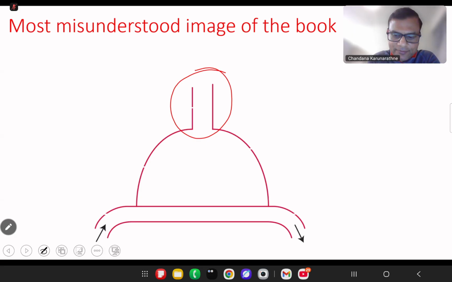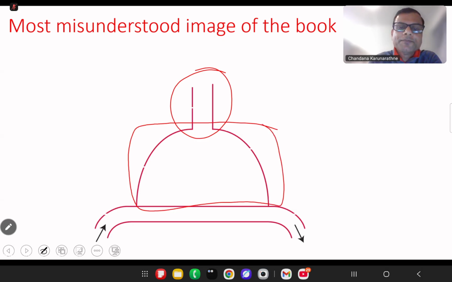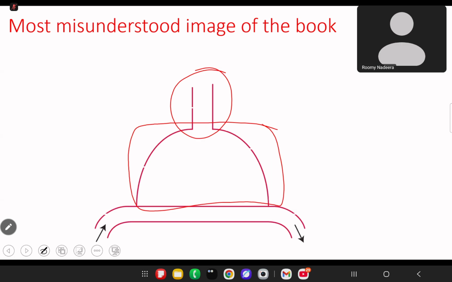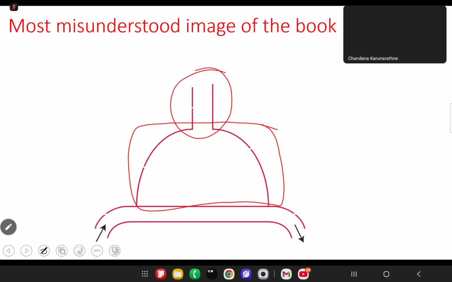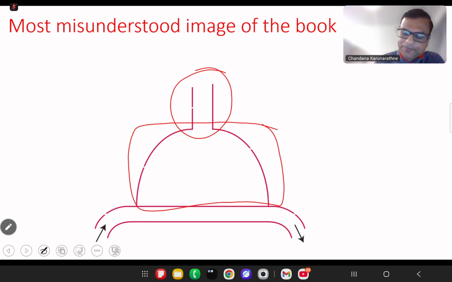Anybody else? That's the only answer? Okay, what does this belly represent? Anybody? Total volume of alveoli which take part in gas exchange. Total volume of alveoli. Okay.